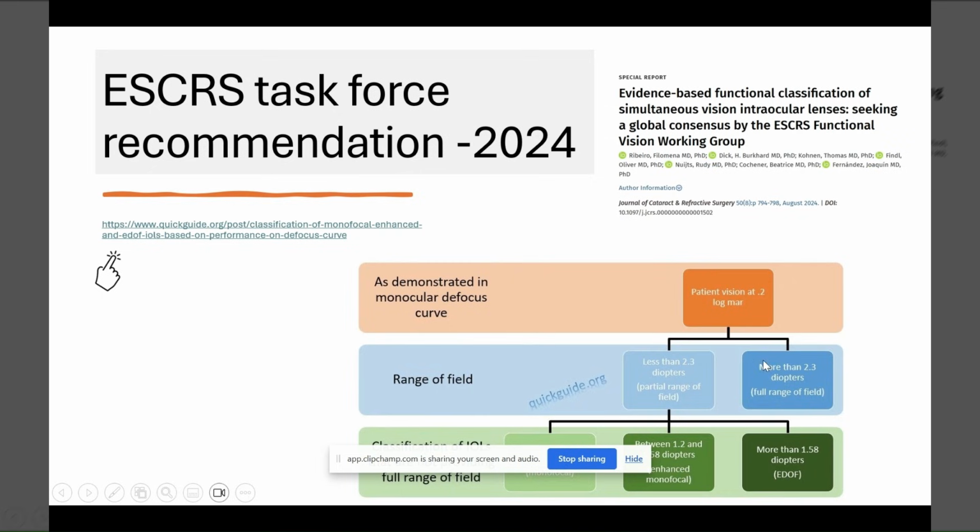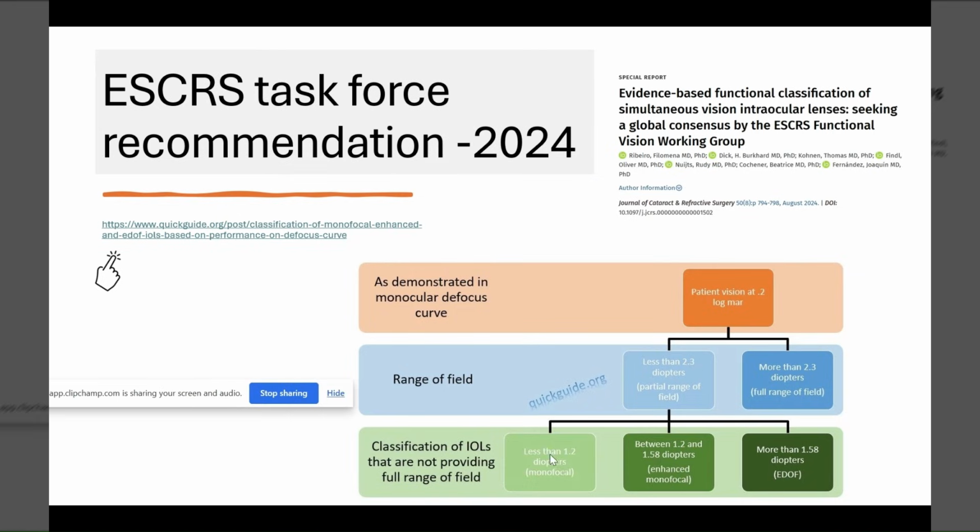If the patient at 0.2 logMAR, 0.2 logMAR means 20 by 32 or 6 by 9, is getting less than 2.3 diopters, then it should be classified as a partial range of field IOL, right? Now, in that less than 2.3 diopters, again, you can classify it as less than 1.2 diopters, between 1.2 to 1.58 diopters, and more than 1.58 diopters.